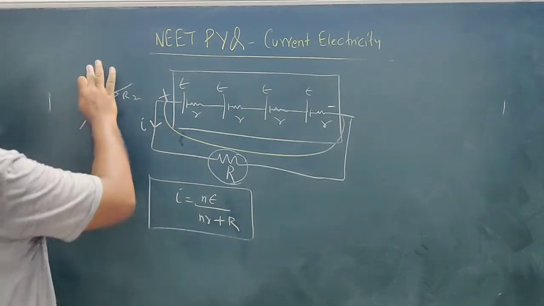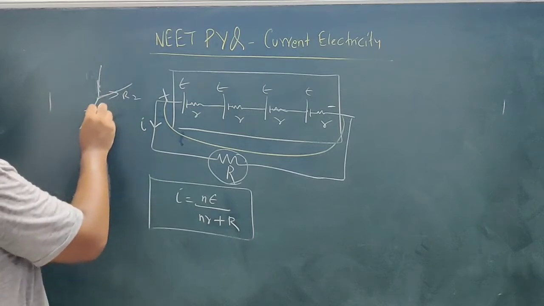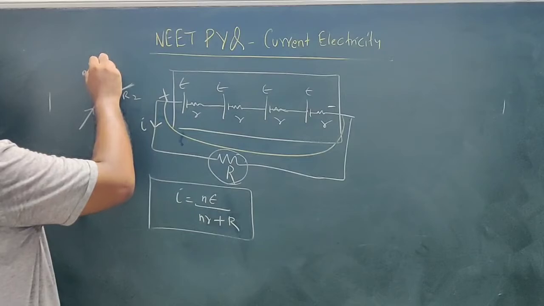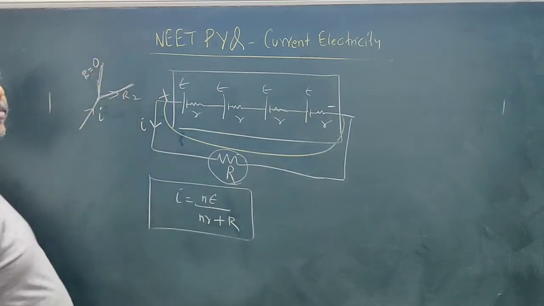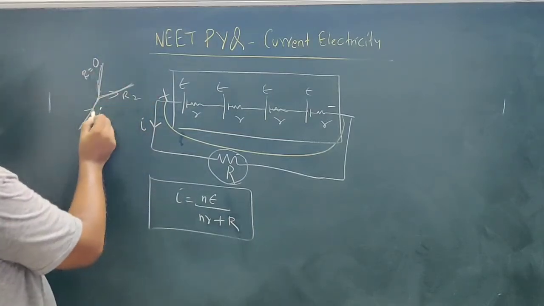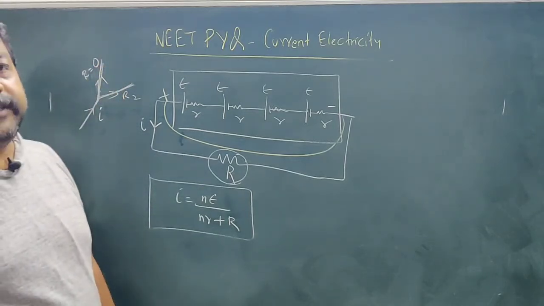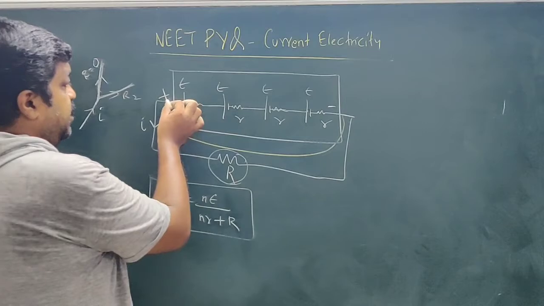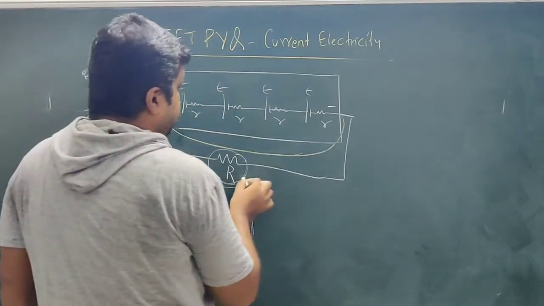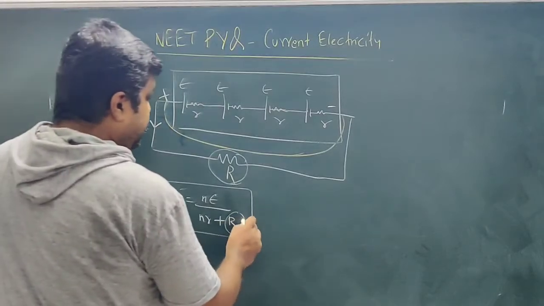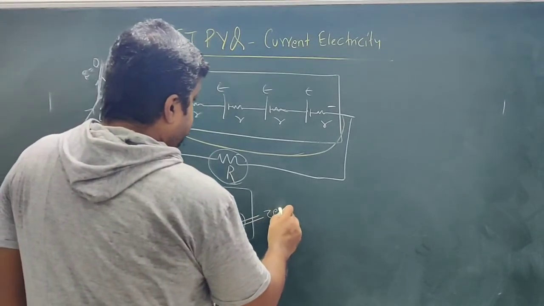But if current comes to a point and two paths are available, and here resistance is 0 and here it is some R, then the entire current will flow through the path having 0 resistance. So the current will flow in this path and the other path will be removed from the circuit. So effectively this R will become 0.